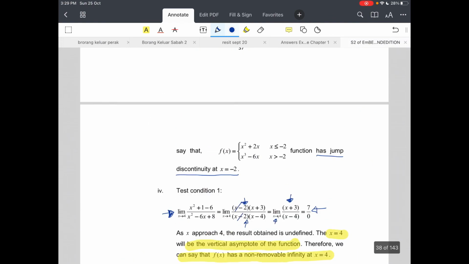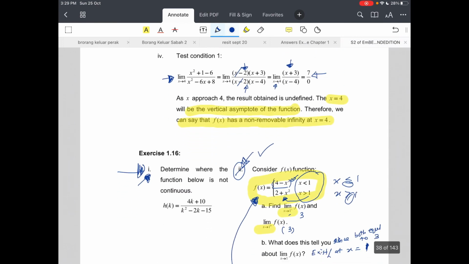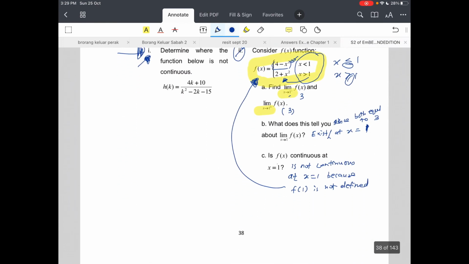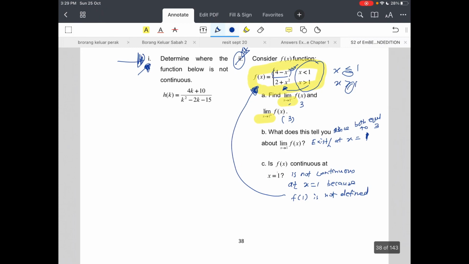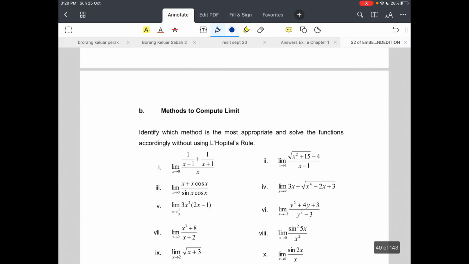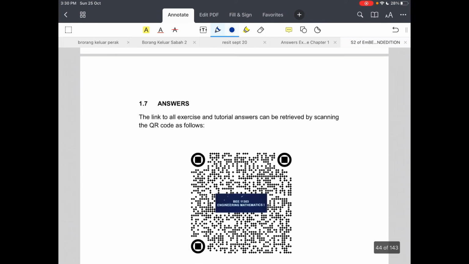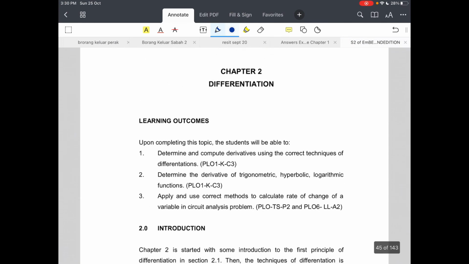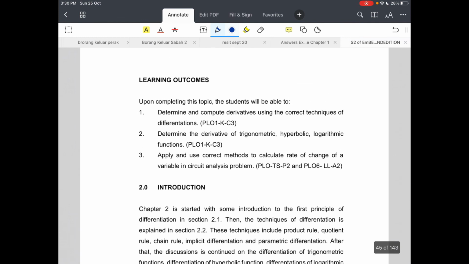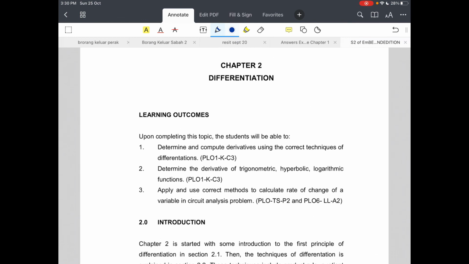And I think with that I end my lecture session for this section 2 class, and we're going to continue our lecture on chapter 2, which is differentiation. So we're going to look into the differentiation topic, chapter 2, in next week's lecture.